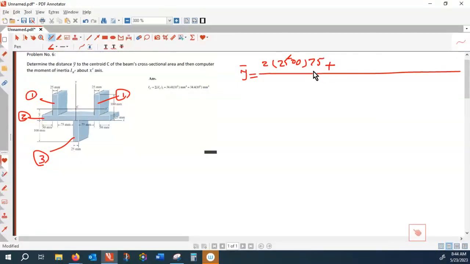And then plus that of the second area. The total width of this one is 325, and the thickness is 25, and the centroid of that one is 12.5.